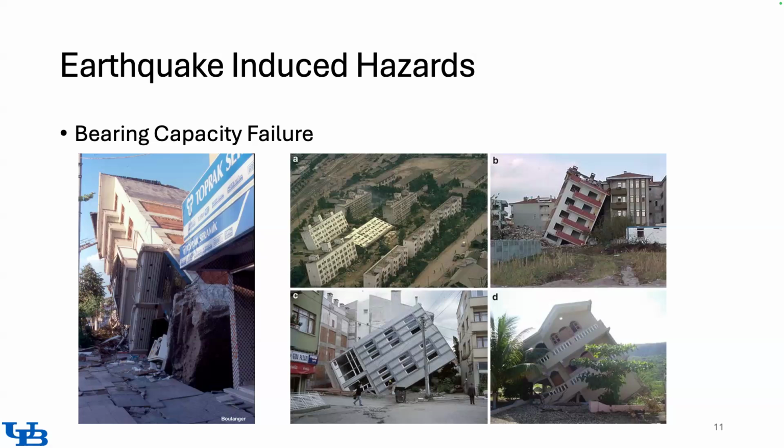We will also see how the strength of the material may degrade during cyclic loading, because the water pressure will increase if we consider undrained shear behavior, leading again to building collapse.